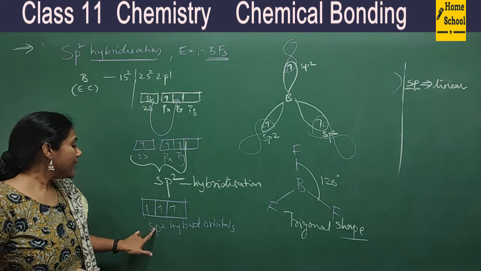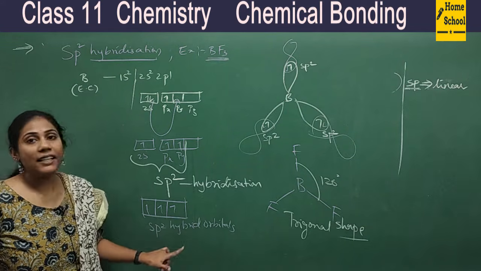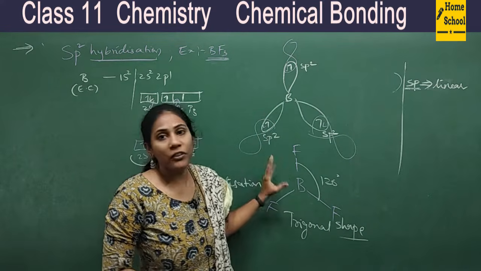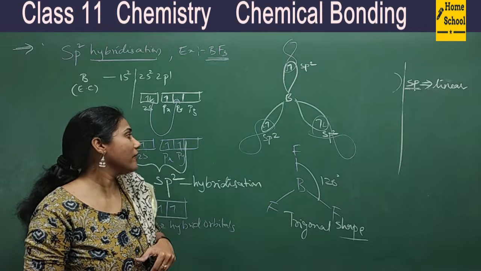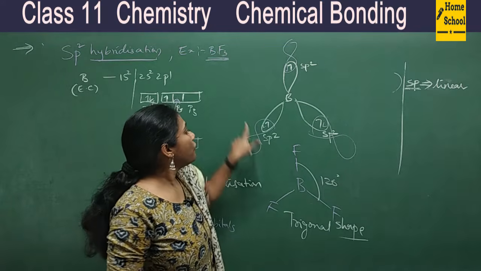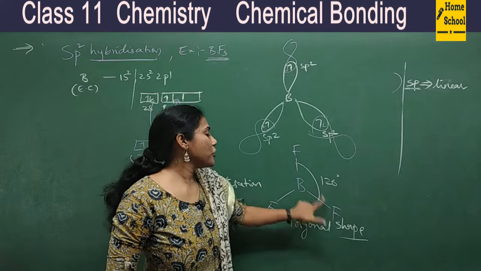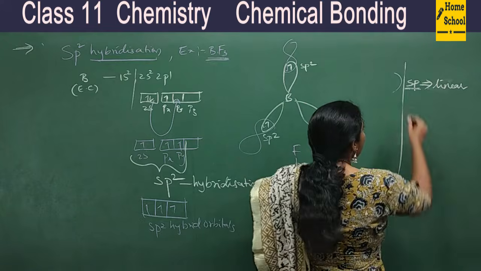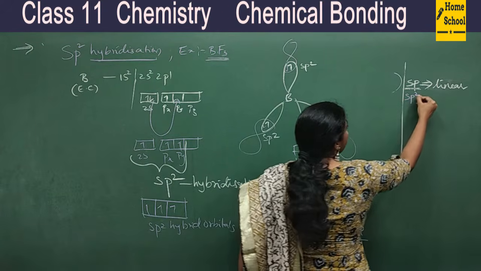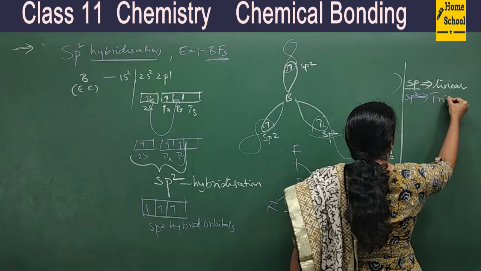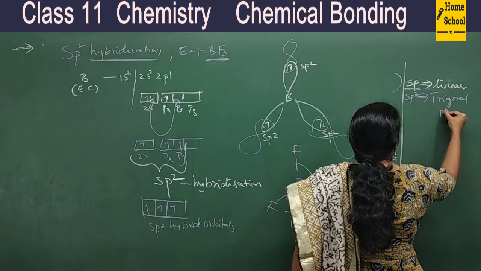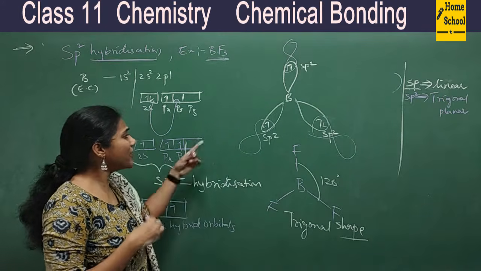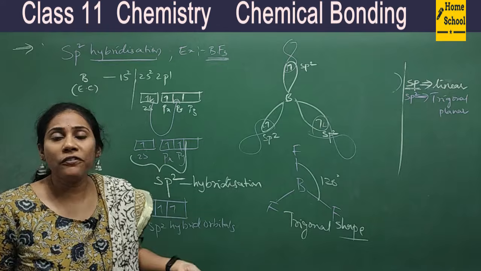So 3 new sp2 hybrid orbitals you got with single electron, and the 3 orbitals are directed in a trigonal planar way, and overlapping with F orbitals took place, which led to the formation of the BF3 molecule. Okay, so every molecule that undergoes sp2 hybridization will always have the shape trigonal planar.